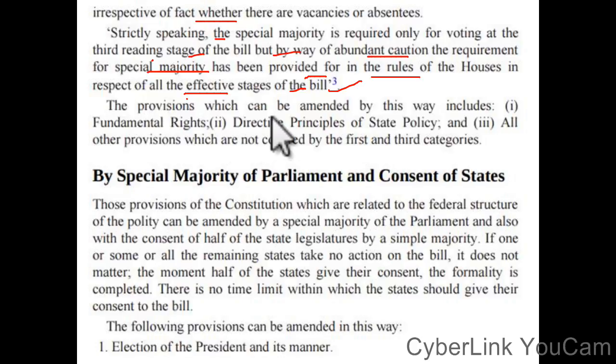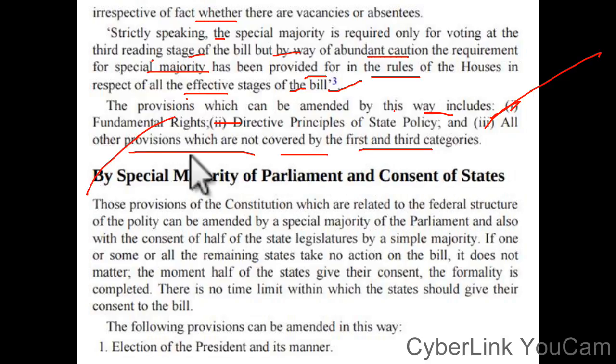The provisions which can be amended this way include fundamental rights, directive principles of state policy, and all other provisions not covered by the first and third categories. The third category is special majority of the Parliament and consent of the states. Those provisions of the Constitution which relate to the fundamental structure of the polity can be amended by a special majority of the Parliament and also with the consent of half of the state legislatures by a simple majority.